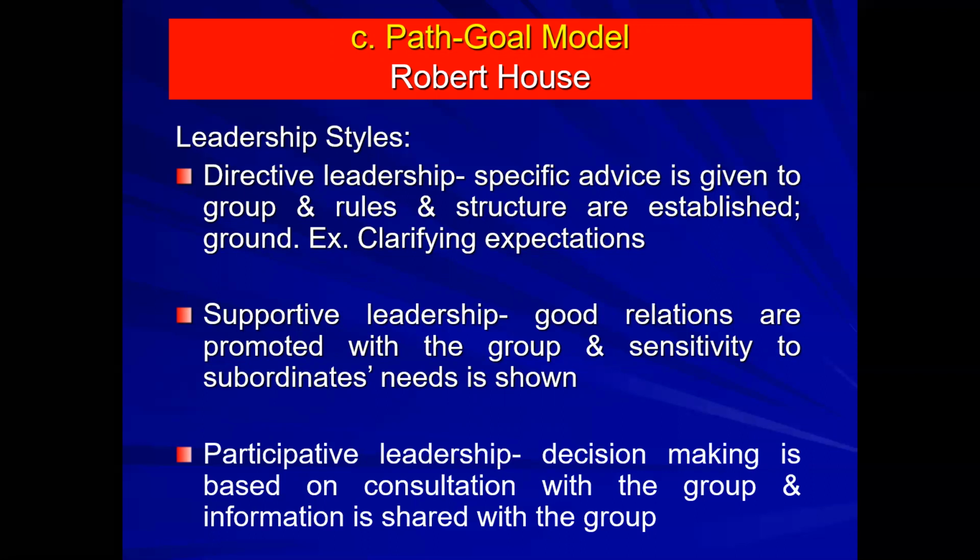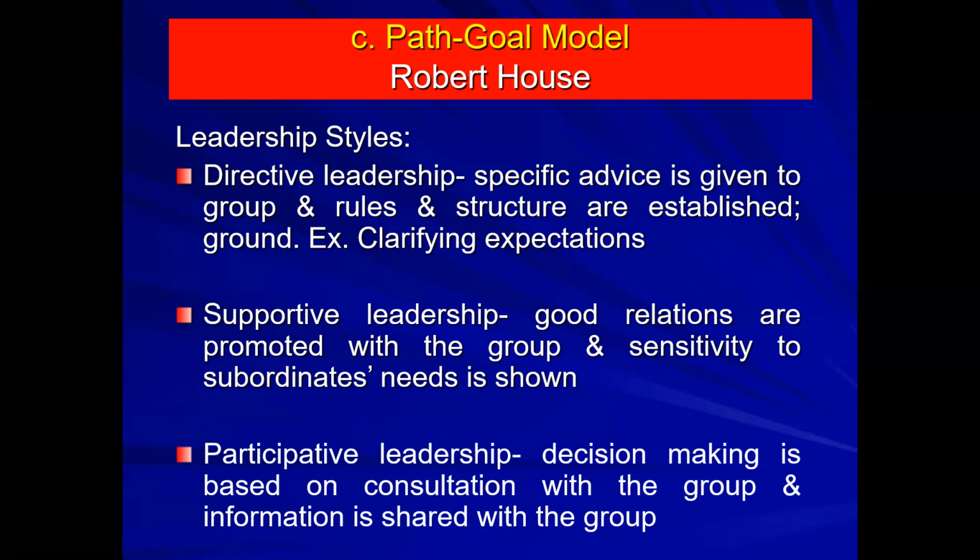Okay, so that is an example. Next, you have now supportive leadership. There are good relations being promoted within the group, and sensitivity to subordinates' needs is shown as well. And participative leadership: decision making is based on consultation with the group and information is shared with the group. So remember that in a participative leadership, kakailanganin natin yung opinion ng bawat isa in that certain meeting.